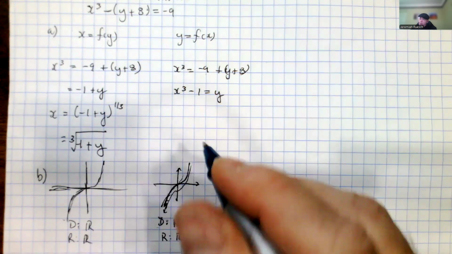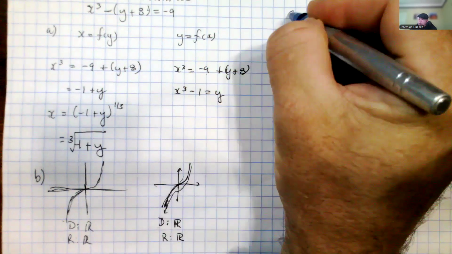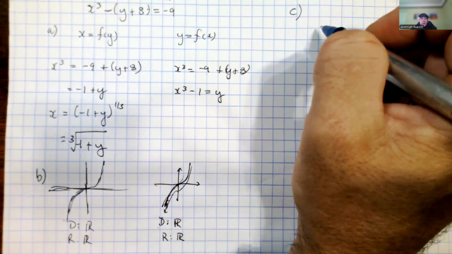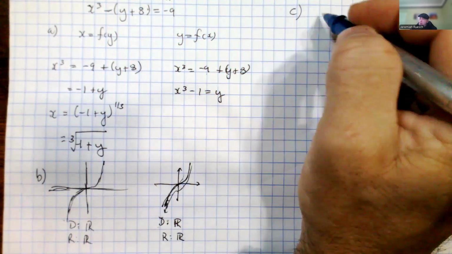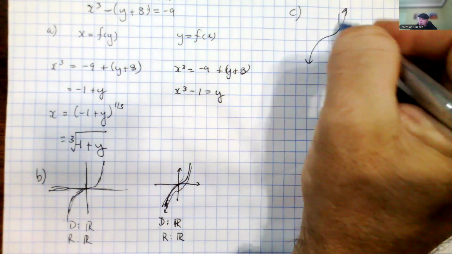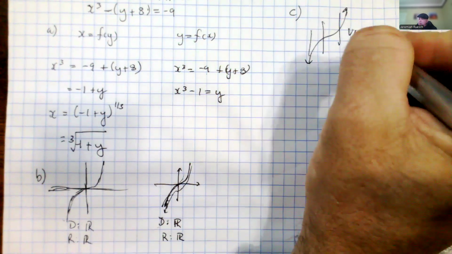All right, let's move on to part C. C asks us to determine if the equation is a function of either variable and determine if your equation has an inverse. Oh yeah, so this is our graph, and so it passes the vertical line test.